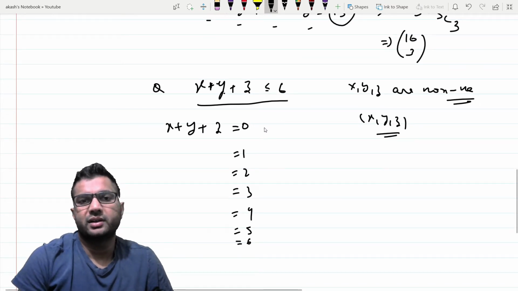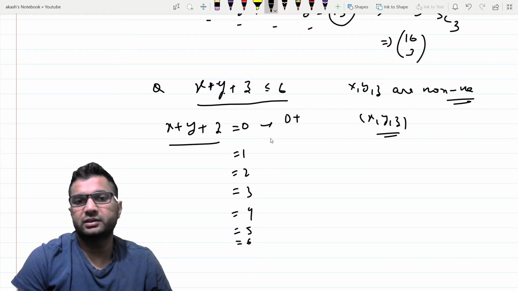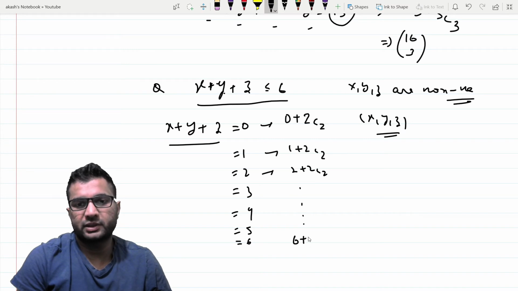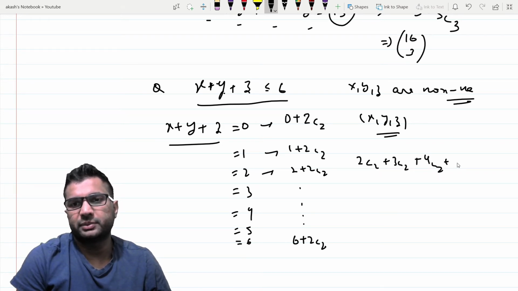So my answer in this case, with 3 beggars, means we just need to add 2 dummy coins. So 0 plus 2C2 in this case, 1 plus 2C2, 2 plus 2C2, and going in the same manner we will have 6 plus 2C2. So I have a series which I need to sum up, which is 2C2 plus 3C2, 4C2 plus up to 8C2.